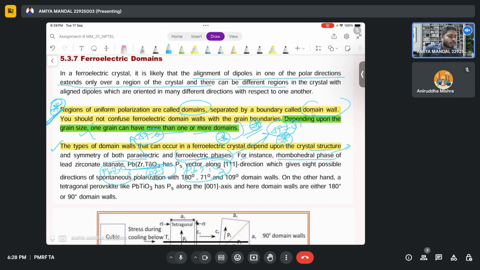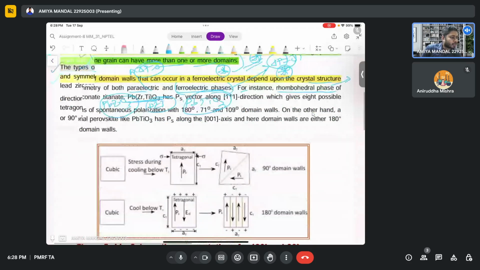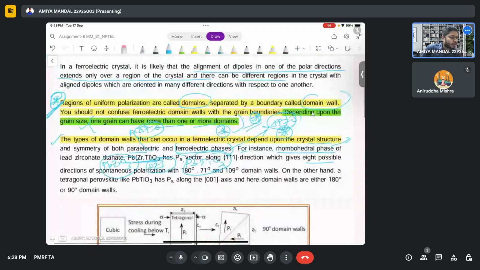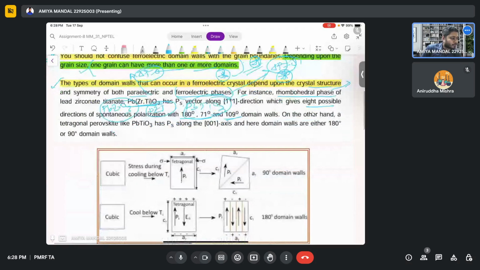It has a PS vector along the 111 direction and gives the 8 opposite directions spontaneously, and it has 180 degree, 71 degree, and 109 degree domain walls.